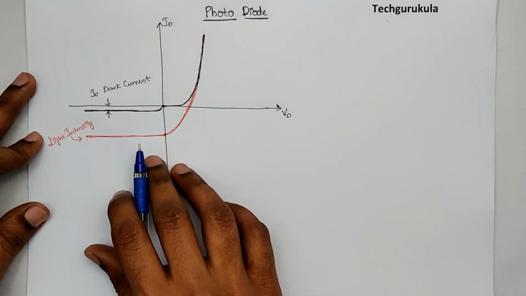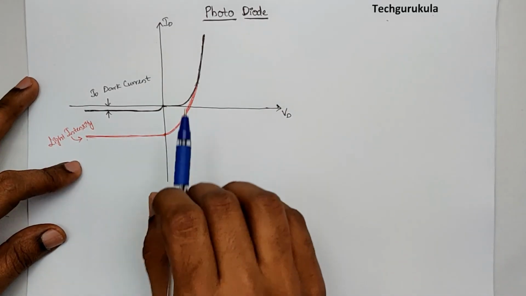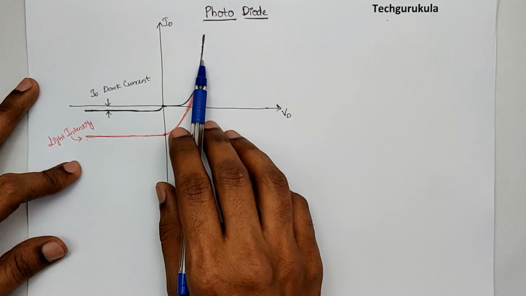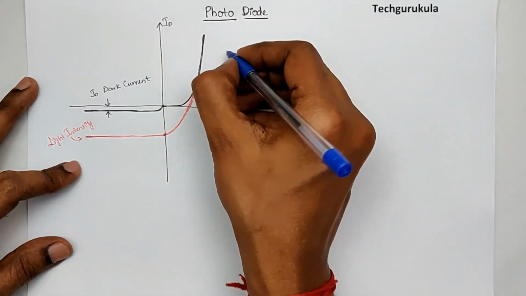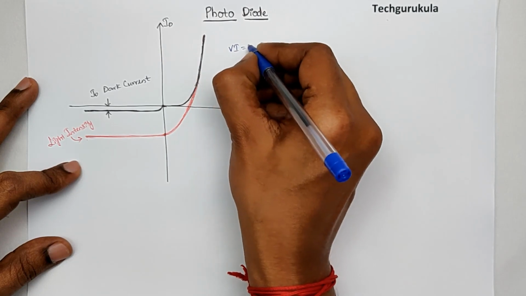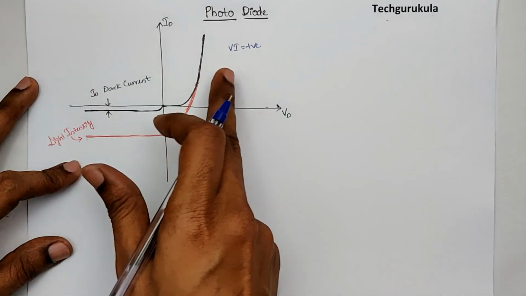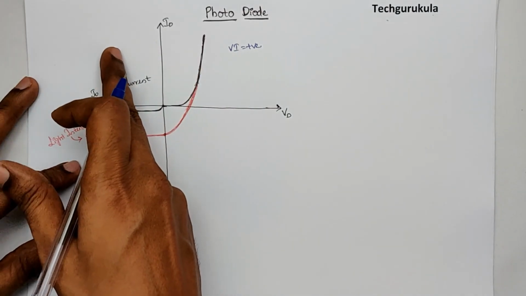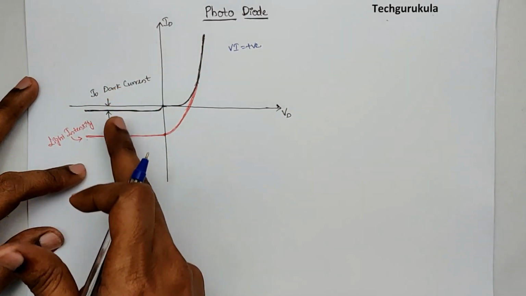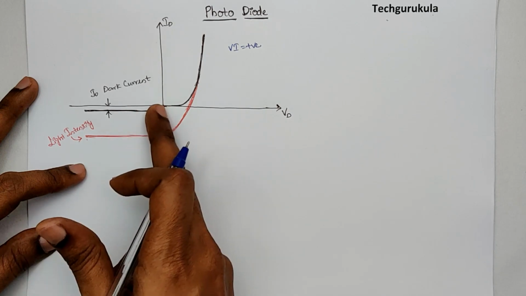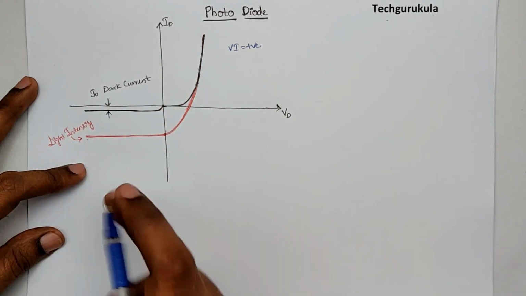Now in this case, let's investigate the current times voltage. In the first quadrant, current is positive, voltage is positive, hence V times I is positive. And we don't have any business in the second quadrant because there is no current, no voltage in that quadrant. Coming to the third quadrant, the voltage is negative and current is negative.